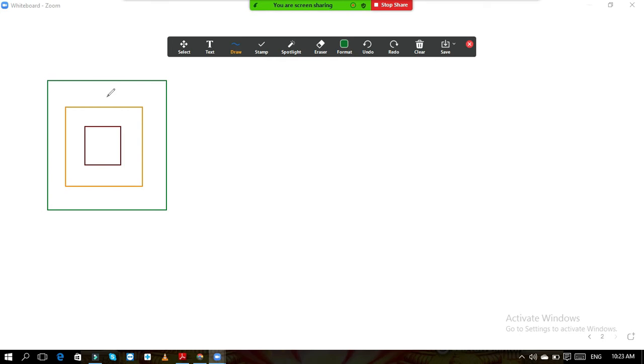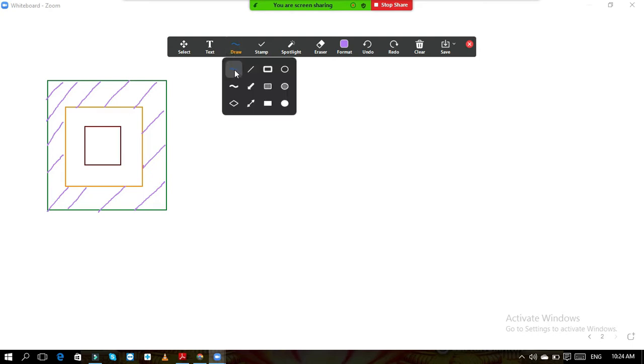This is your remaining area. This area will remain as it is. Okay. Whatever I am showing by hatching, this area will remain as it is. And the area which is not hatched, that area will get punched through the footing.